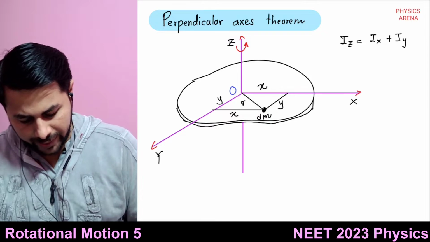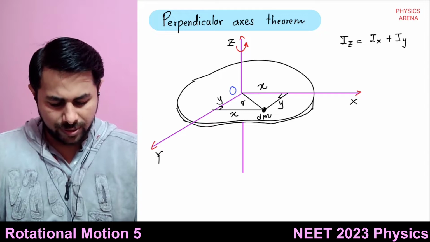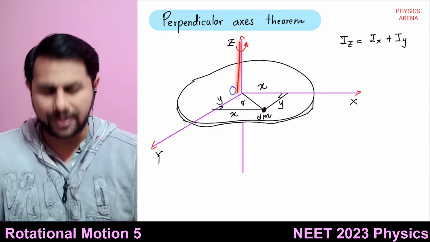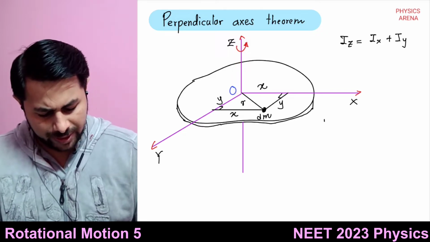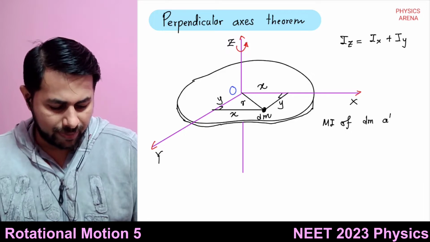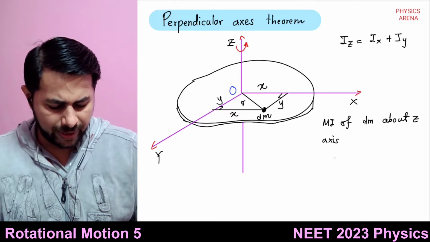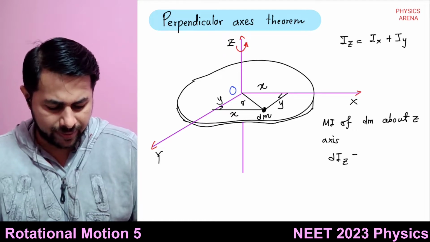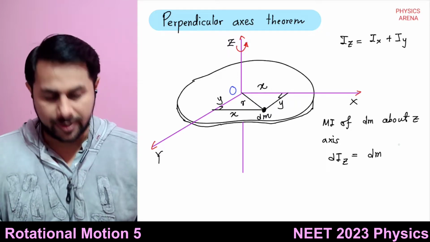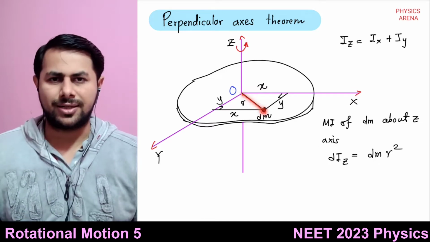These are perpendicular distances. Now how much would be the moment of inertia of this small mass about the z axis? The moment of inertia of dm about the z axis, let's call it dIz, is equal to the mass dm multiplied by r square, where r is the distance of this mass from the z axis.